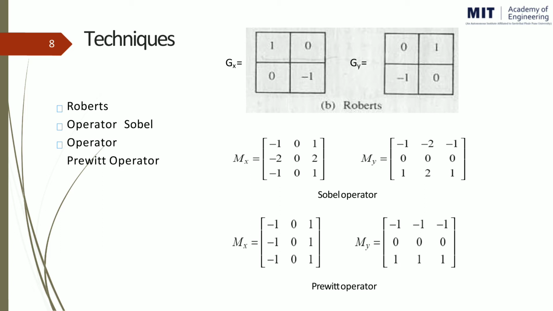And in the second figure, that is the Sobel operator, in the matrix the rows become the columns and the columns become the rows. Means by using Sobel operator filters, the rows in the first matrix are converted into columns in the second matrix, and the columns in the second matrix are converted into rows in the first matrix. The same operation is performed in the Prewitt operator.